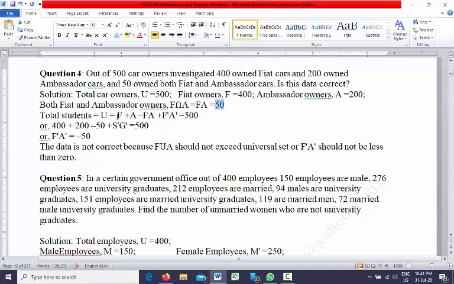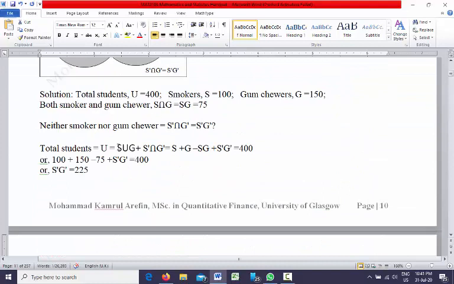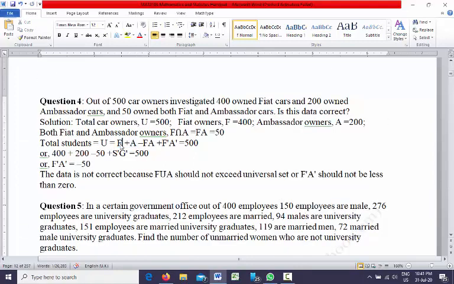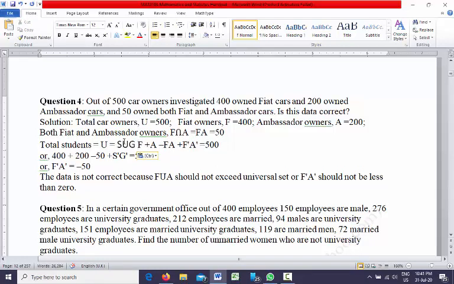Now we know the formula that the universal set is F union A plus F prime A prime.